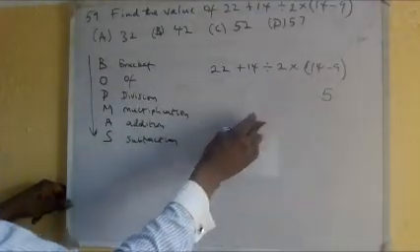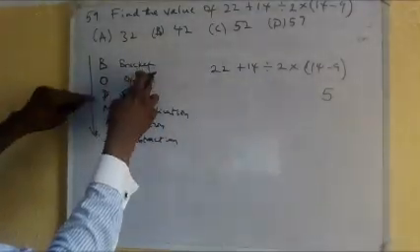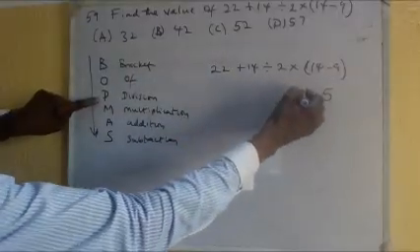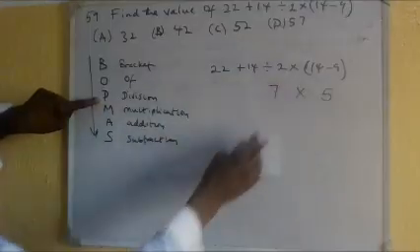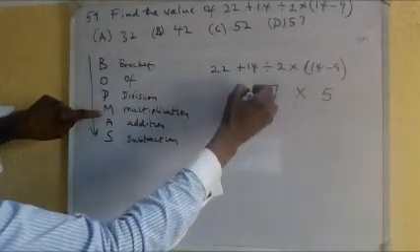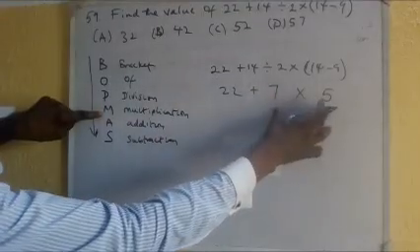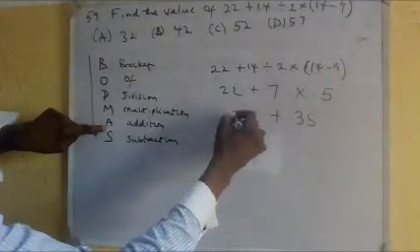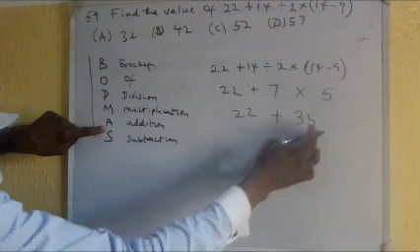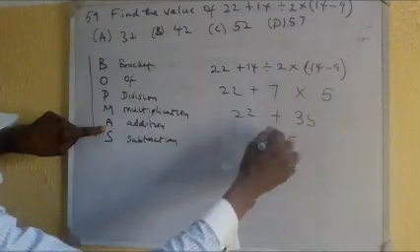I'll just put times here. 14 divided by 2 is 7. The next one is multiplication. So I multiply this one, 35. Then I have addition, plus 22. So I add this: 2 plus 5 is 7, 2 plus 3 is 5. 57 is the answer. That is D.